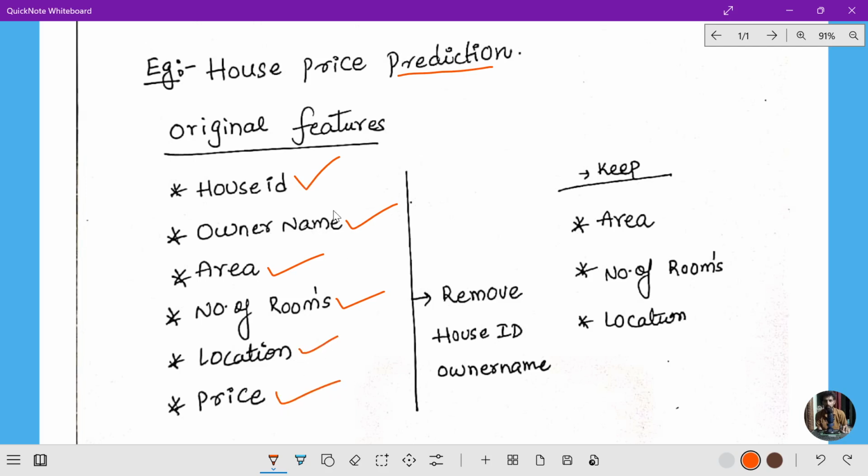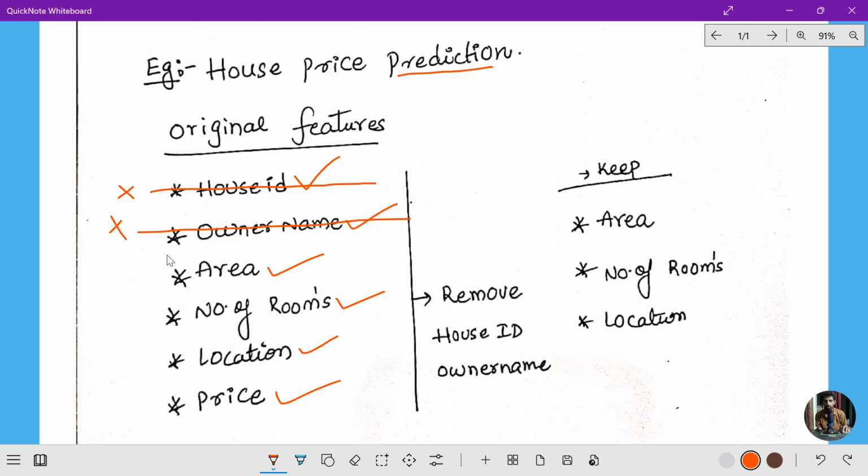Do all these factors impact the house price? No, because house ID is not required. House ID is not at all related to the price of the house. As well as owner name is also not required. So I will remove these two.